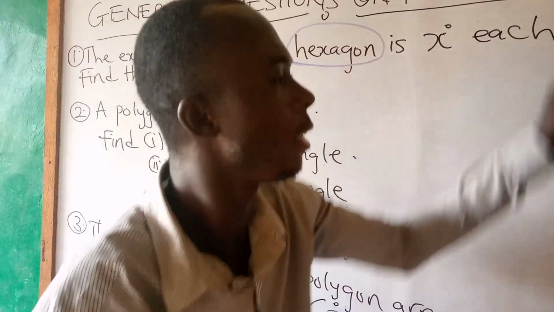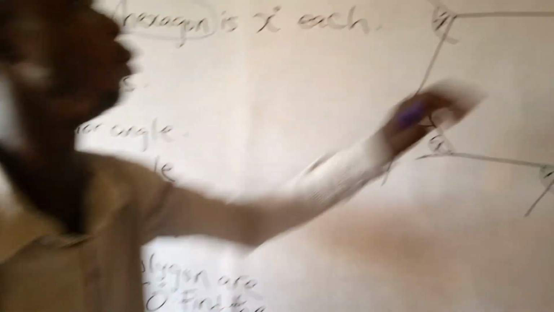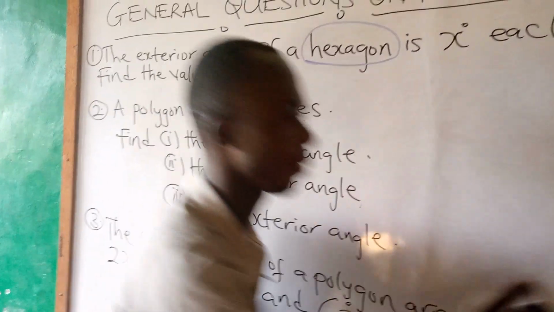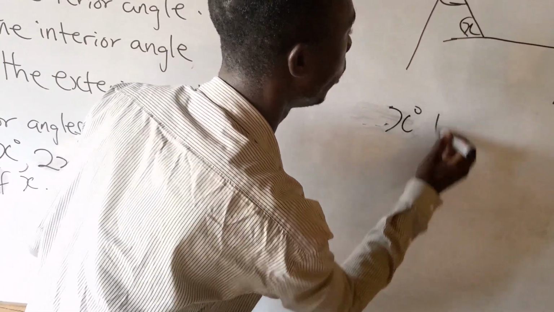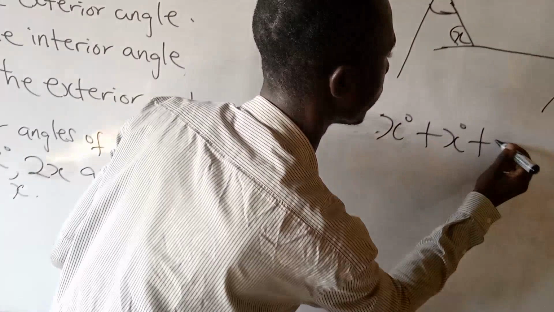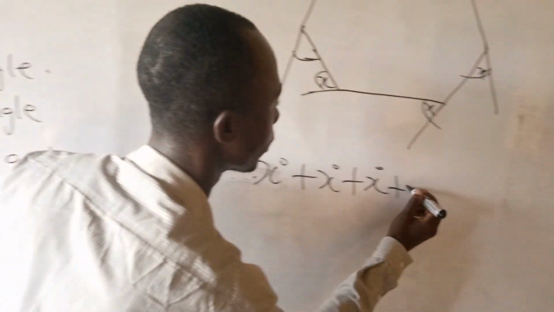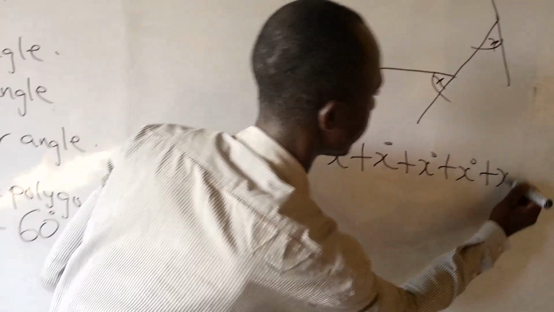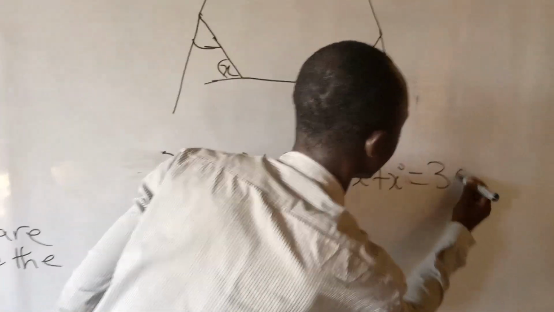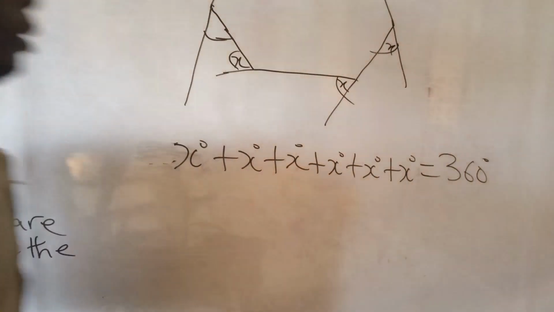So you add these variables together and equate it to 360 degrees. It becomes x plus x plus x plus x plus x plus x equal to 360 degrees.